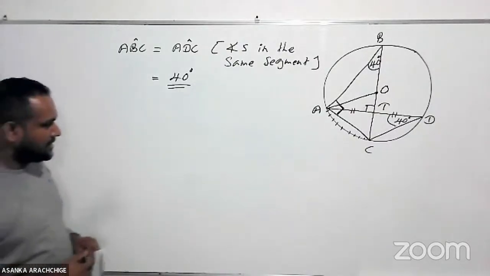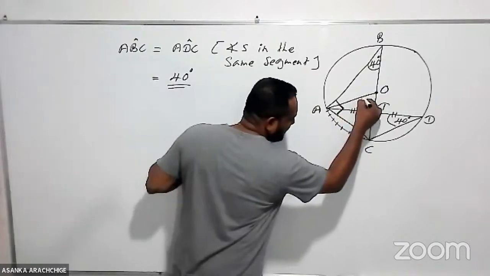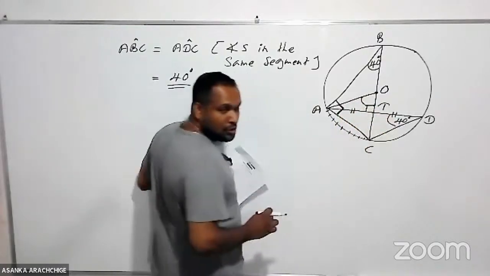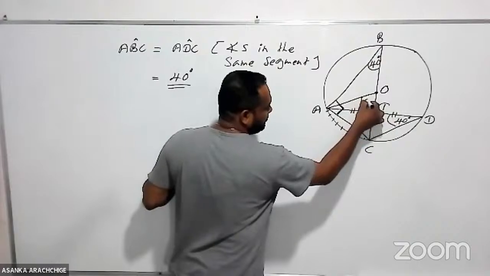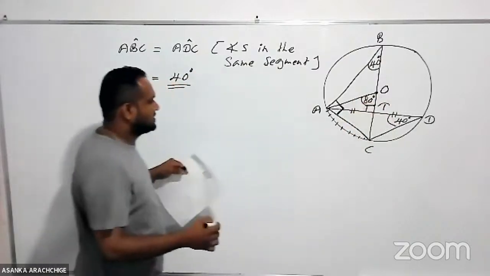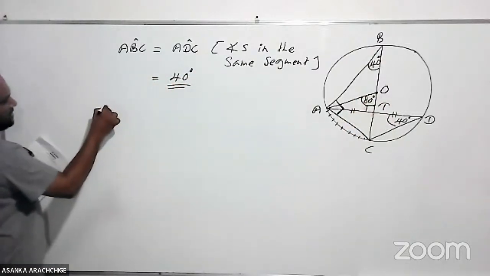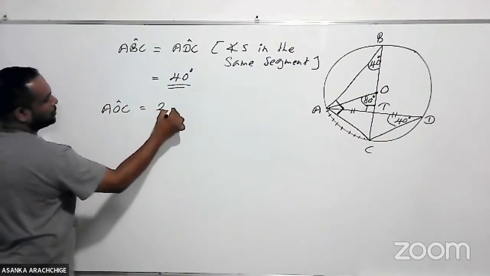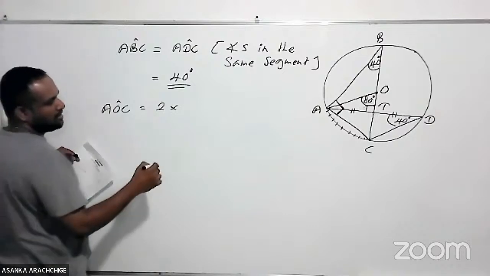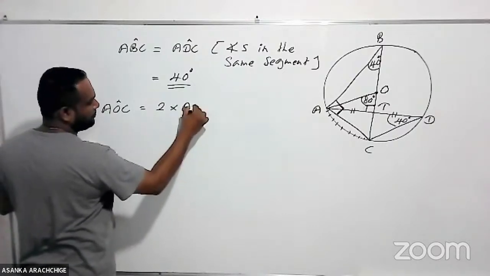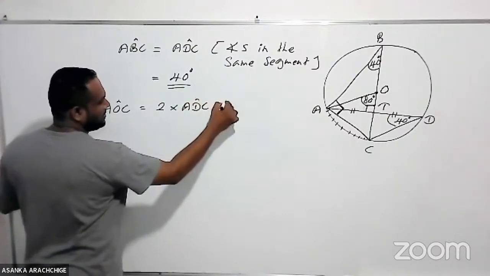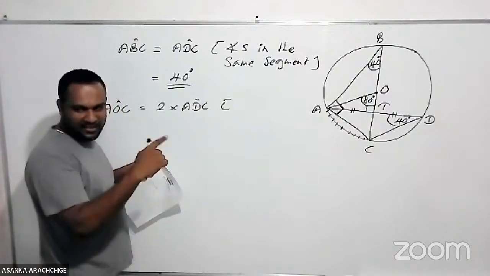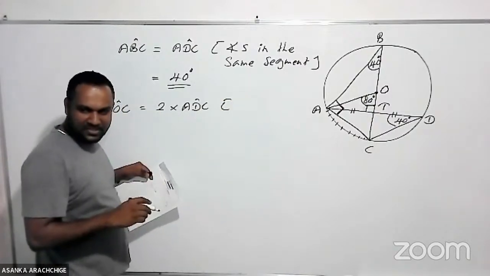Angle AOC, very simple. AOC equals 2 times ADC. Now we have already written the reason in one of the previous questions, no?